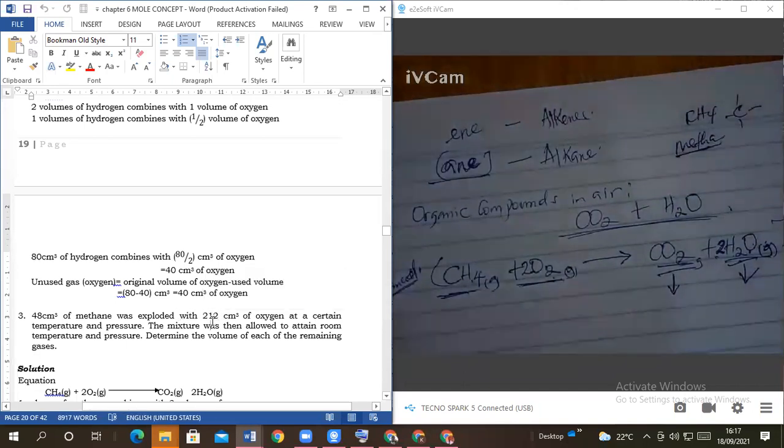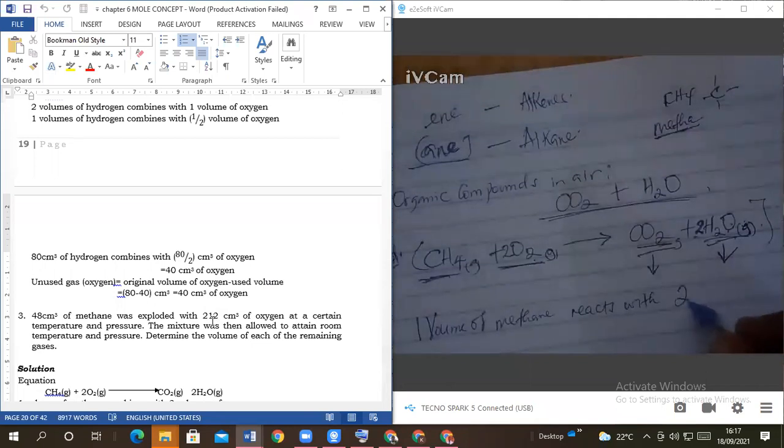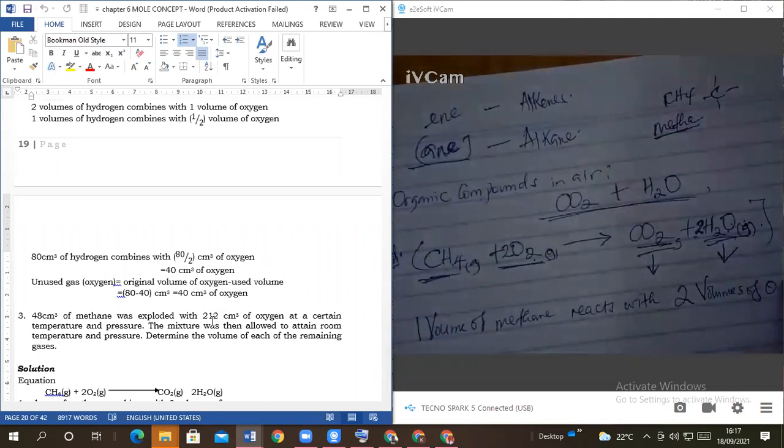They are telling us that 1 volume of methane reacts with how many volumes of oxygen? 2 volumes of oxygen.